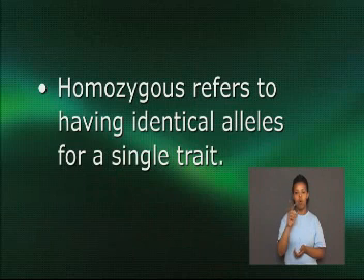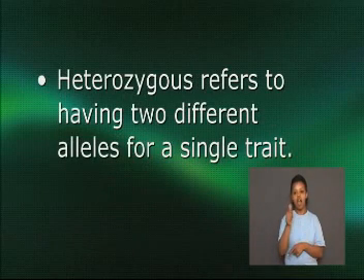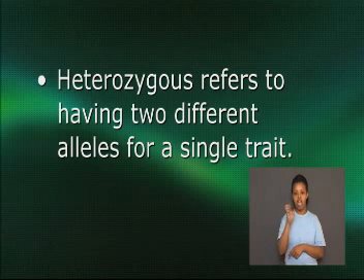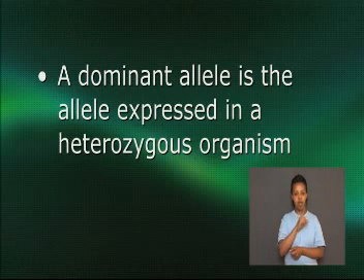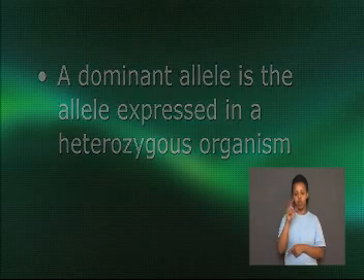Homozygous refers to having identical alleles for a single trait. Heterozygous refers to having two different alleles for a single trait. A dominant allele is the allele expressed in a heterozygous organism.